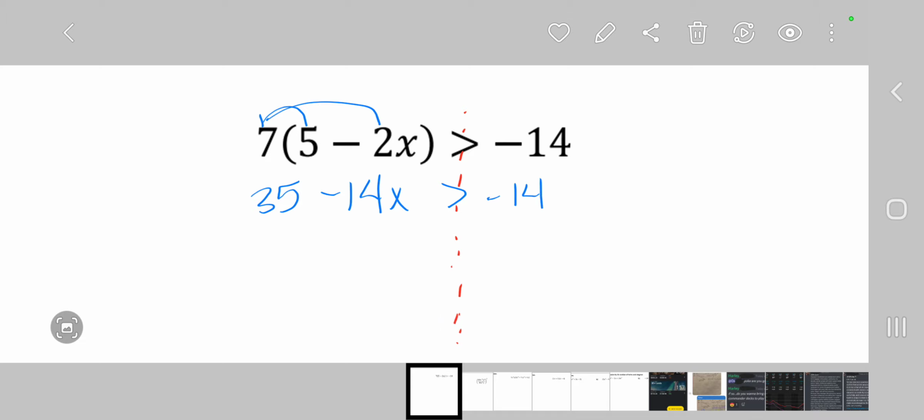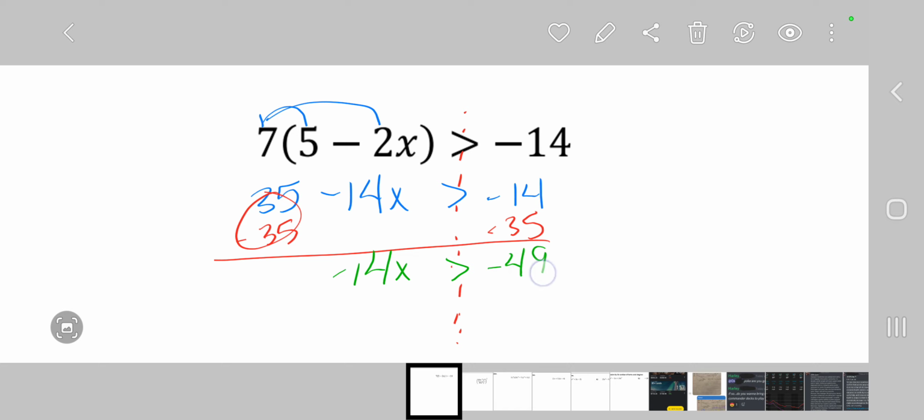You play the Who's Lonely game. And that 14 is lonely, so I'll subtract 35 from both sides. 0 out. And get my negative 14x is greater than a negative 49.